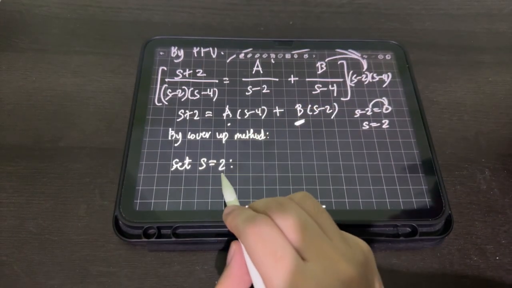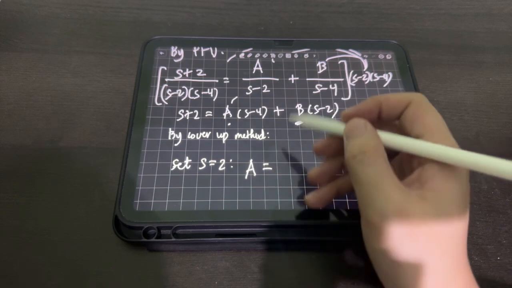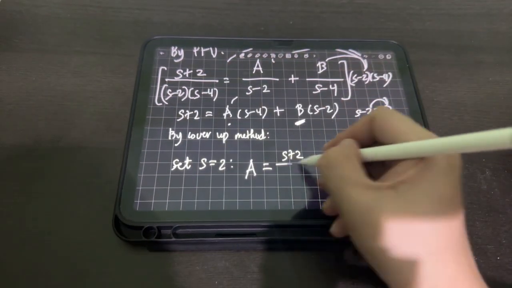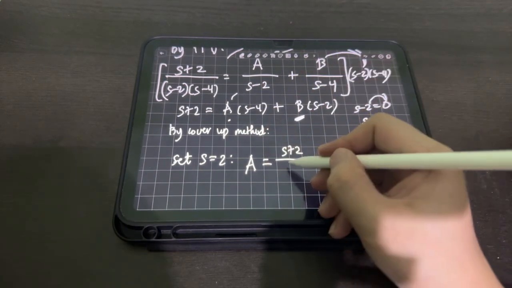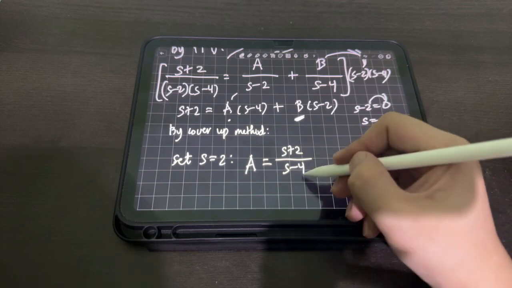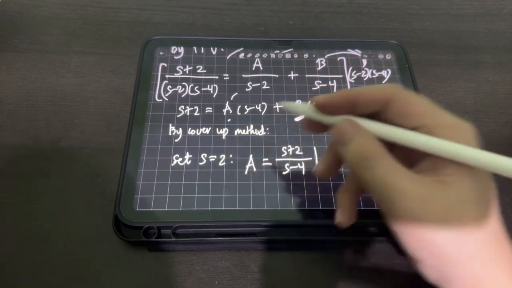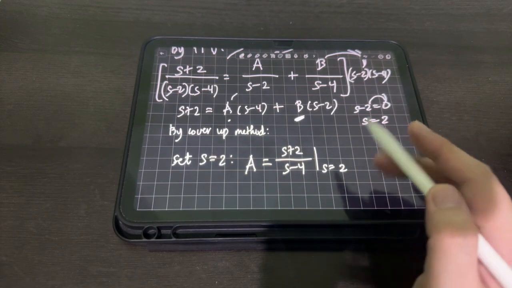So if we set s equal to 2, we can directly find the value of a equal to the left side, which is s plus 2. That will be the numerator. Then over the coefficient of a here, which is s minus 4, that will be the denominator. And this expression is evaluated at 2. So we will replace every s with 2.